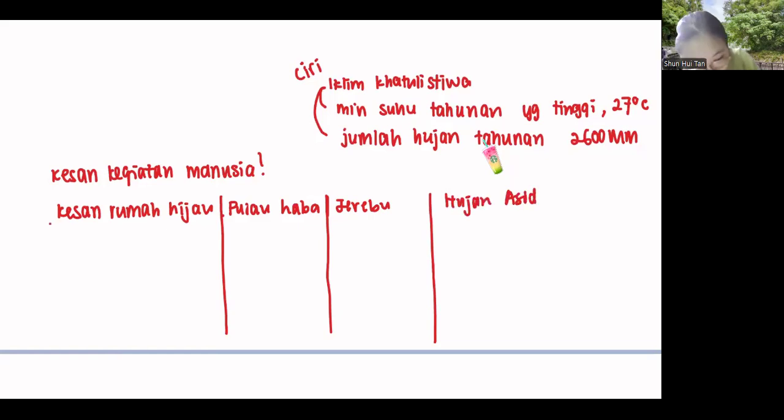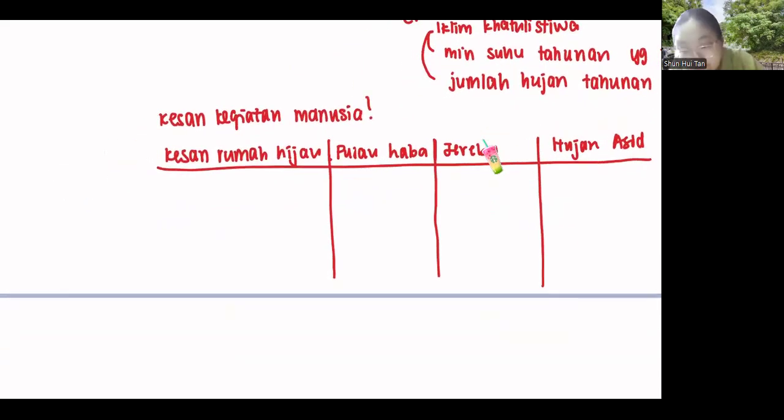If they ask you what is the punca, reason, see in your book they teach you punca kesan rumah hijau, but they didn't tell you the punca for hujan acid, or there are so many punca and you cannot remember.